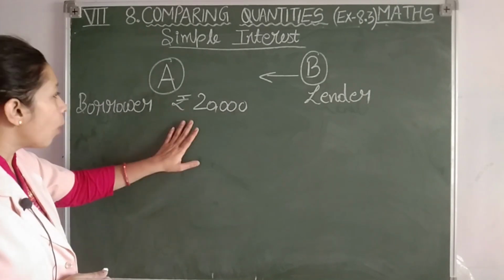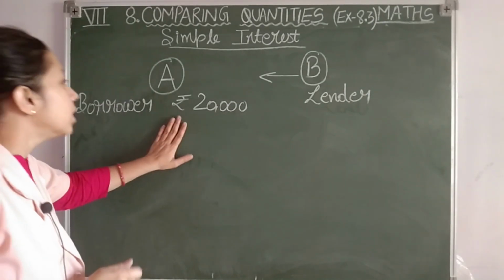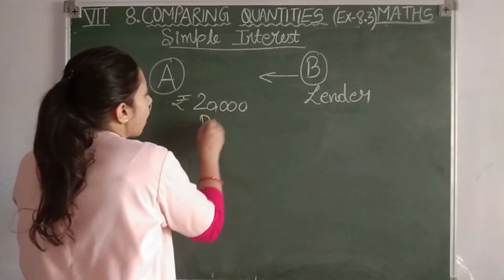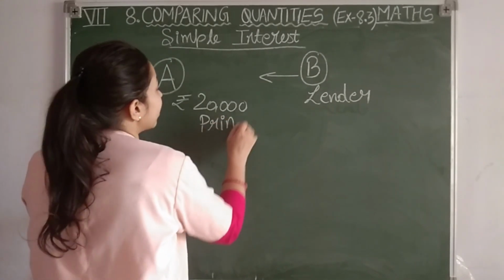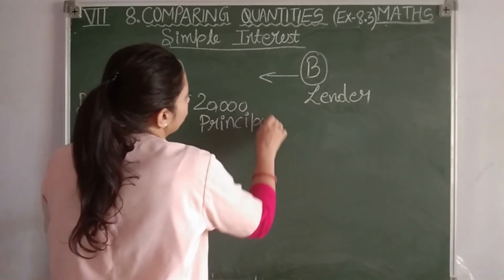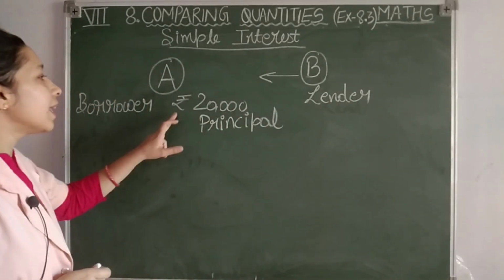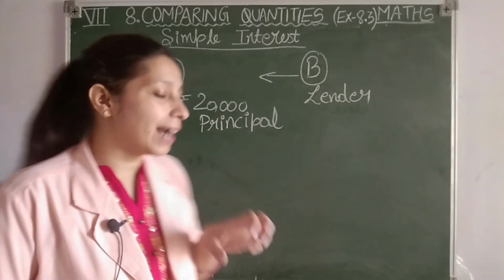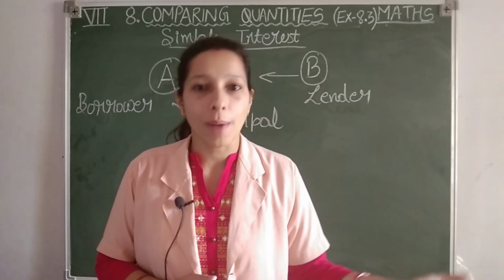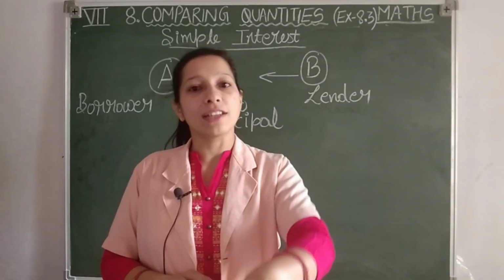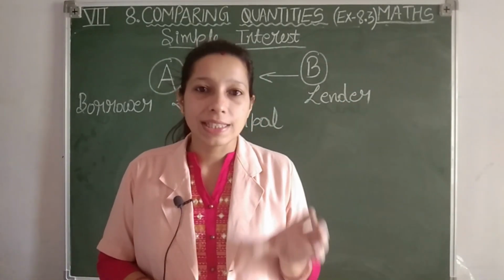Okay students, how much money? 20,000 rupees. This 20,000 rupees is known as the principal amount, students. Principal is rupees 20,000. What do you mean by principal? That amount which a person borrows from another, and that amount which a person lends to the other person, is known as principal amount.